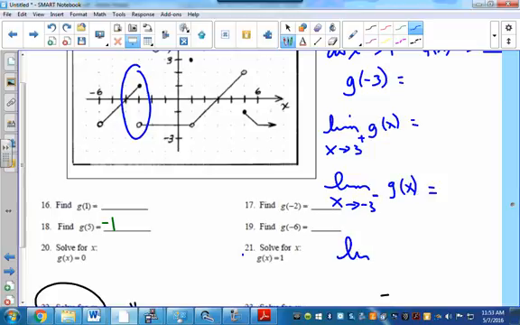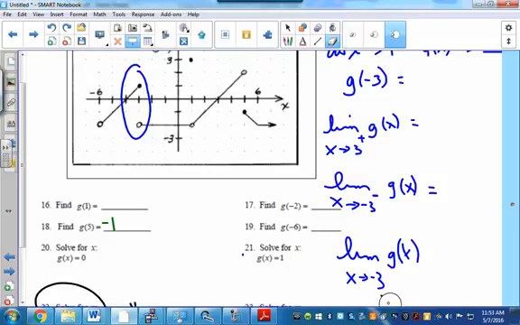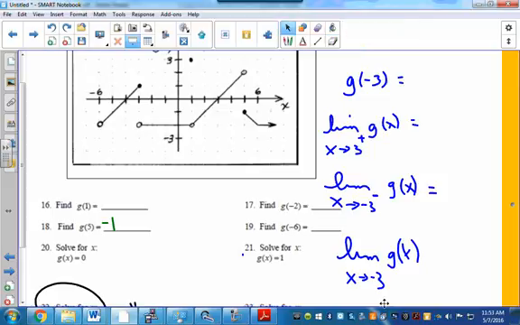And lastly, what's the limit of g of x as x approaches -3, taking both directions into account? Okay, so we have like 4 related questions here, all looking at function g and what happens when x is around -3.